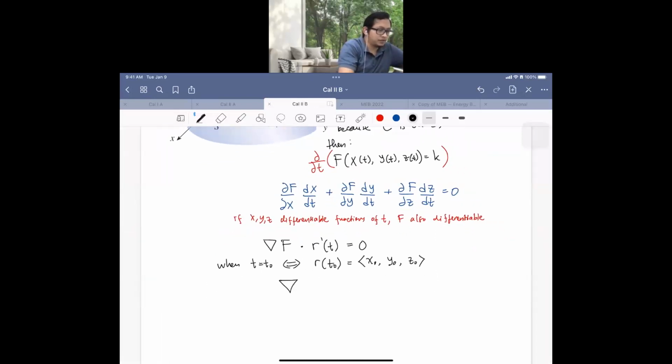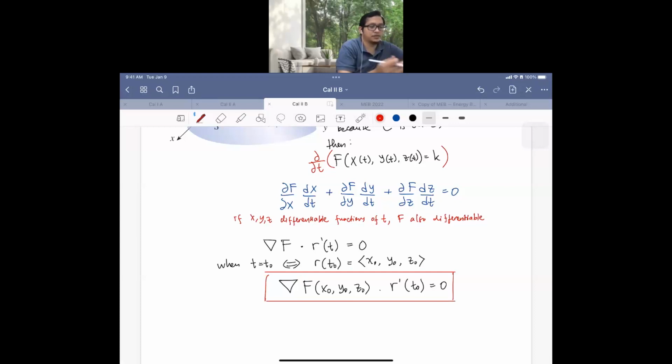So the gradient vector at x0, y0, z0, dot product with the first derivative of r at t0, is equal to 0. And this is actually the first step to derive the tangent plane to the level surface.